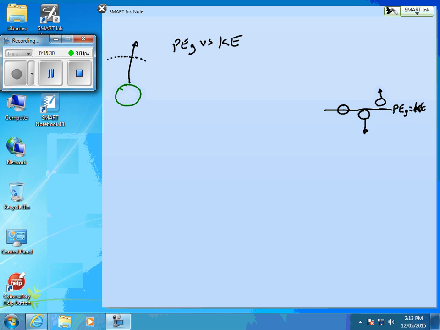So if I put these formulas in, we know what the formulas are for these, don't we? Potential energy on this side is this formula that we used, because we're taking into account the fact that as you go higher and higher, the acceleration due to gravity decreases. And on this side of the equation, we know that it's a half mv squared.